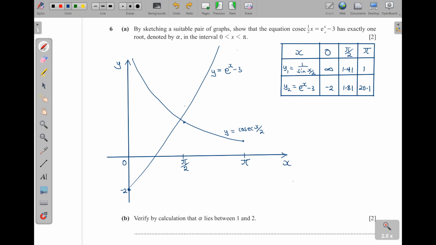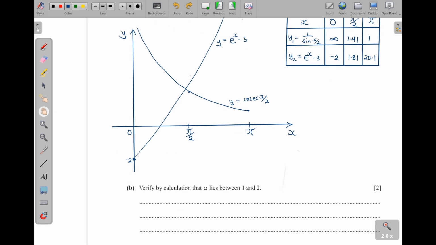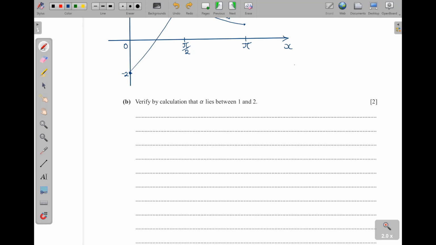Let me take this other side. So I will have 1 over sine of x over 2, since cosec is 1 over sine, then subtract e to the power of x, then plus 3, which is equal to 0. So my f of x is 1 over sine of x over 2 minus e to the power of x plus 3.